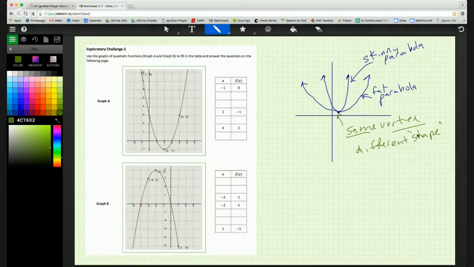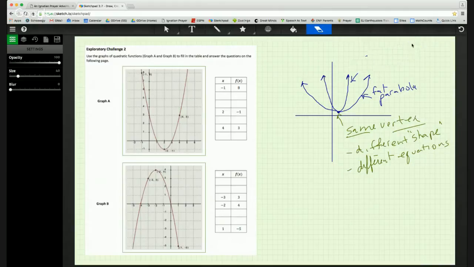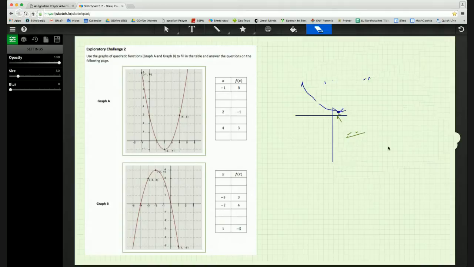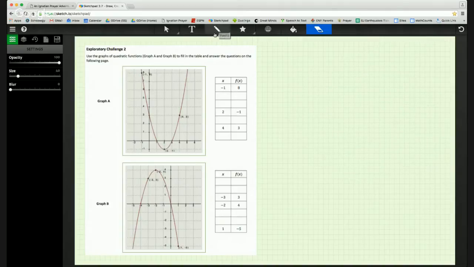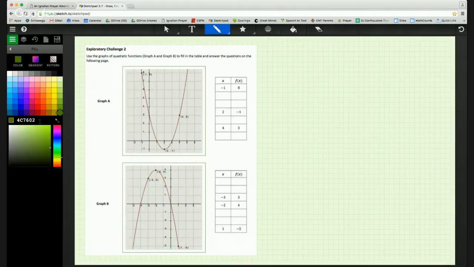They're both parabolas, but they have a different quality of their shape, and they'll have different equations, of course. These two parabolas have different equations, different shape, but the same vertex. Notice that's an important point. You're going to need to know that, I think, on the homework set. So let's erase all this. That's a point you'll have to remember.